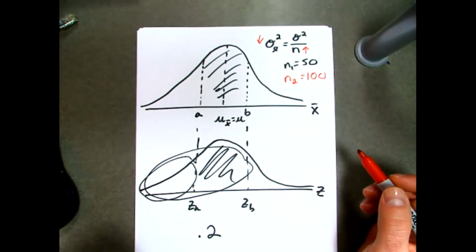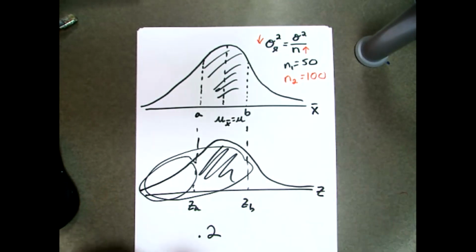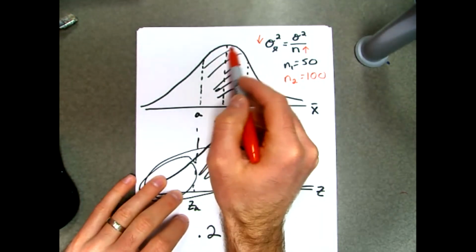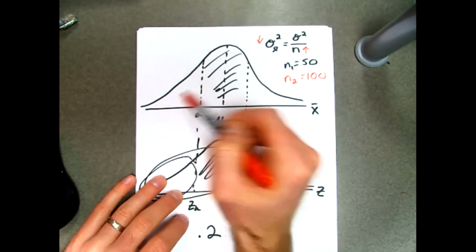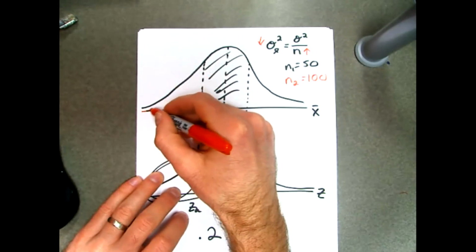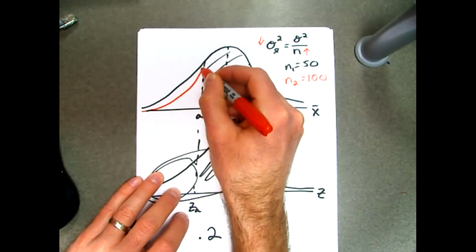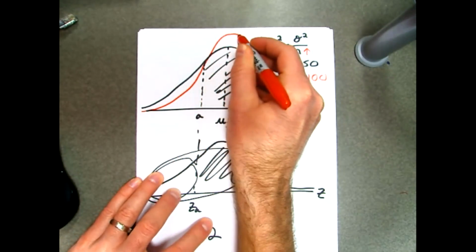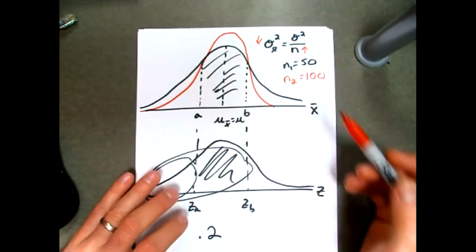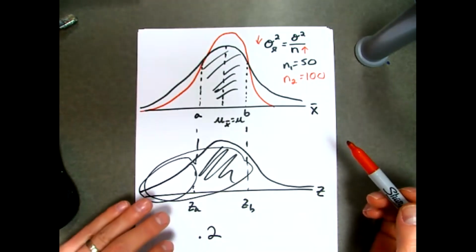A lower variance means the data varies less from the mean, so more observations are centered right around the mean and it's less likely I see values further from the mean. This distribution might look something like this, not perfect at drawing it, but a little bit more peaked.